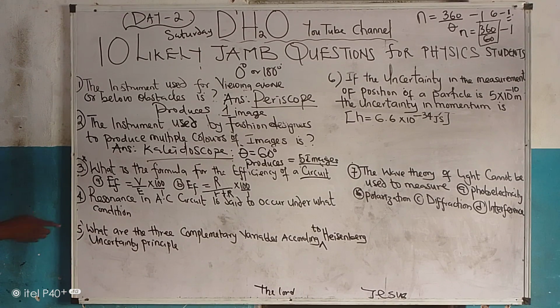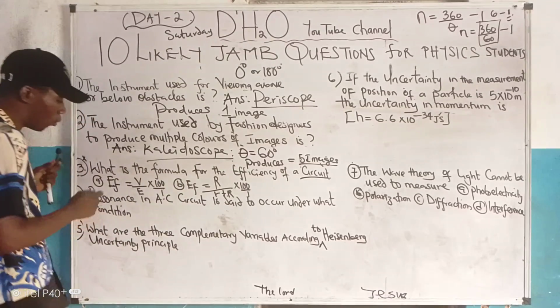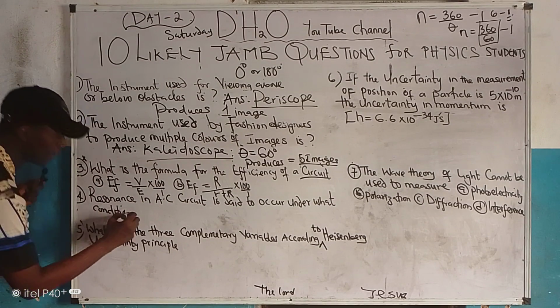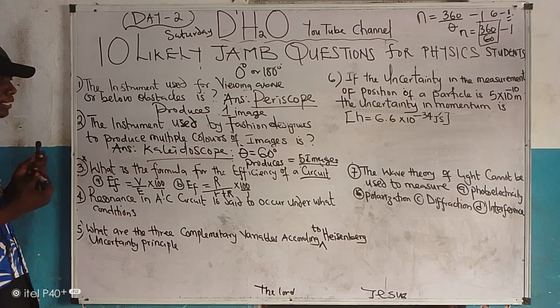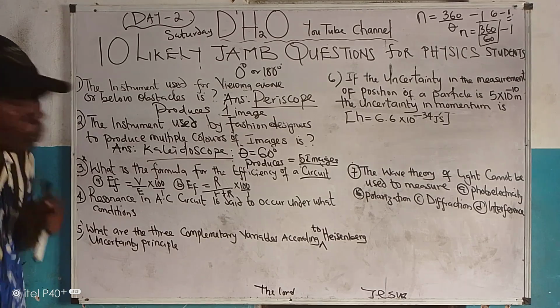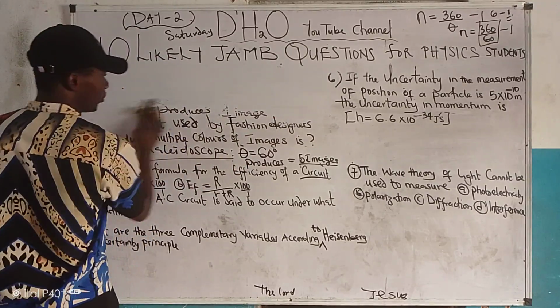Question number 4. Resonance in AC circuit is said to occur under what condition? There are several conditions for resonance to occur in an AC circuit. Okay, I think we have to clean this part of the board so we can write out the conditions.